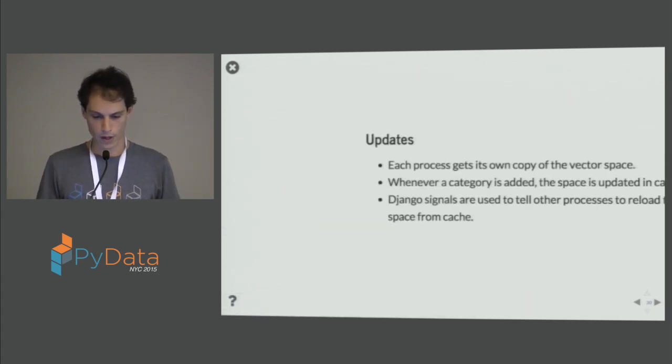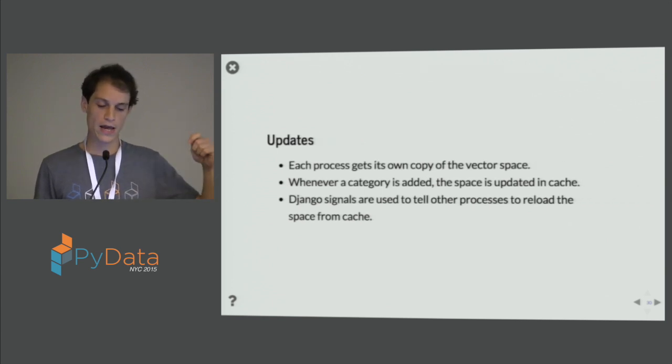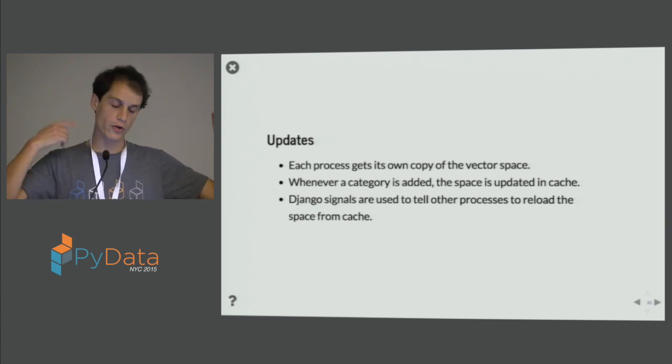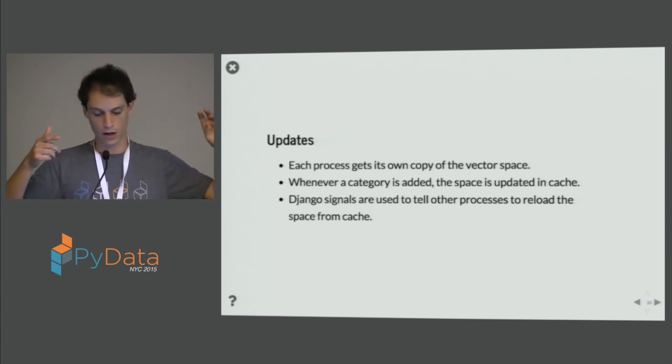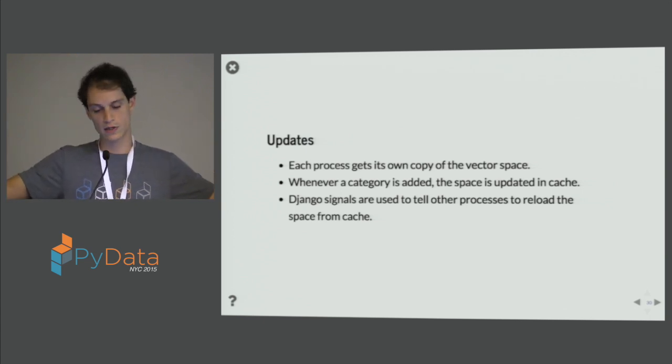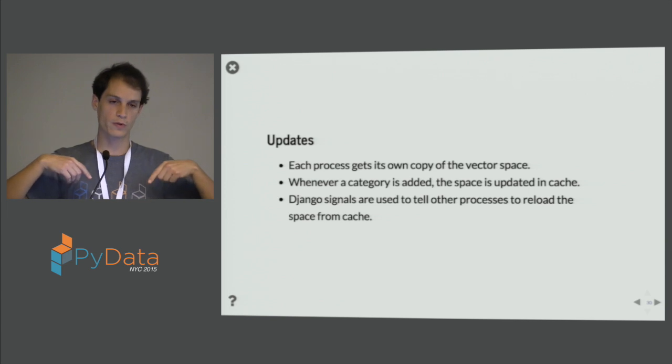Now when we update, each process has its own copy of the vector space, and whenever a new category is added, the cache is updated and then signals to the workers to reload from the space, okay?